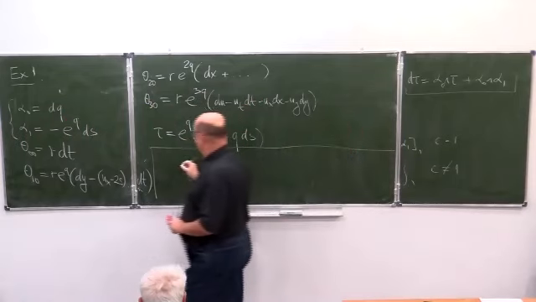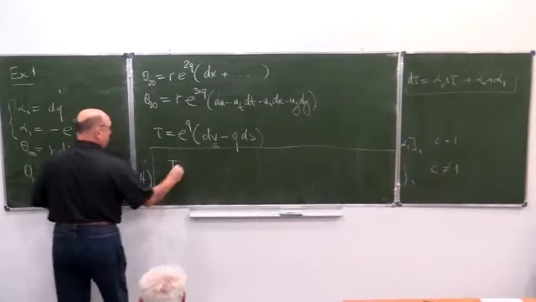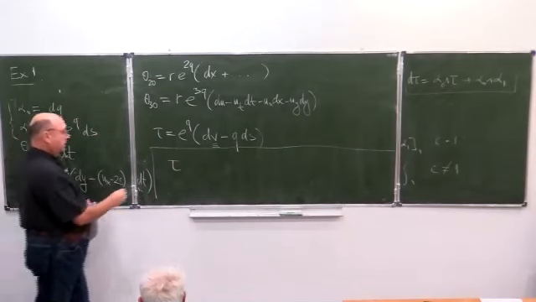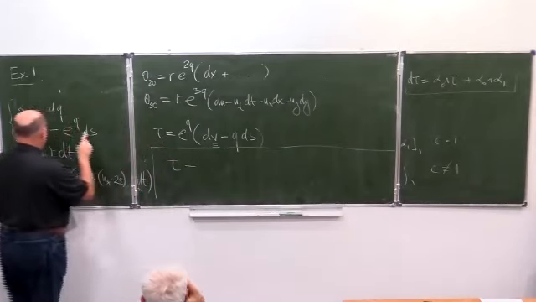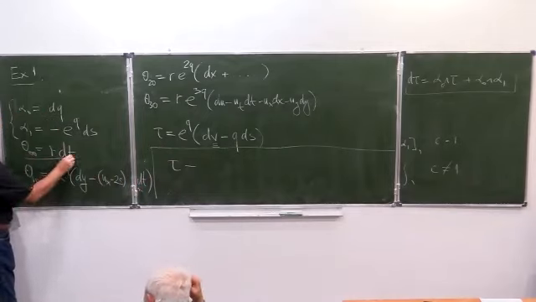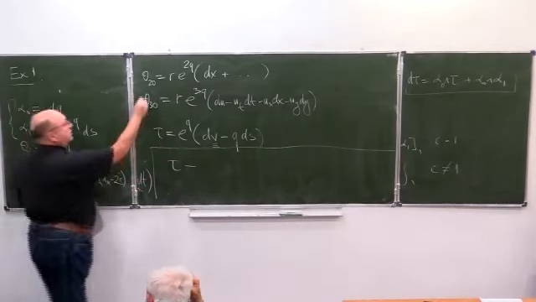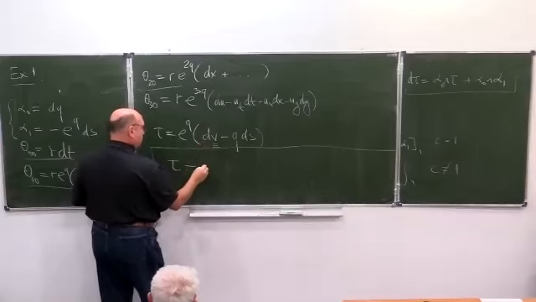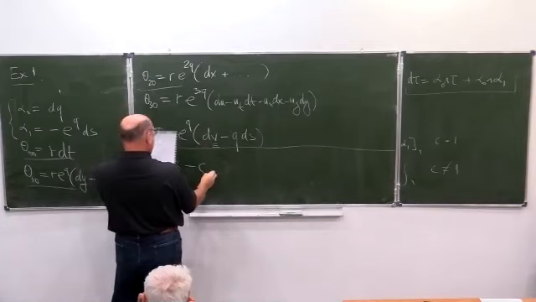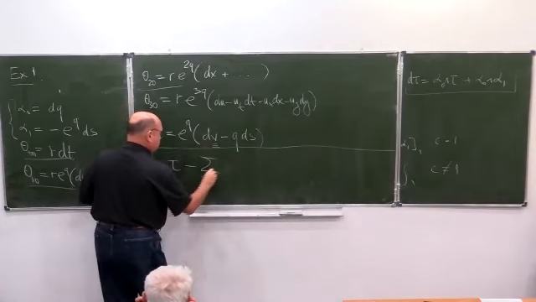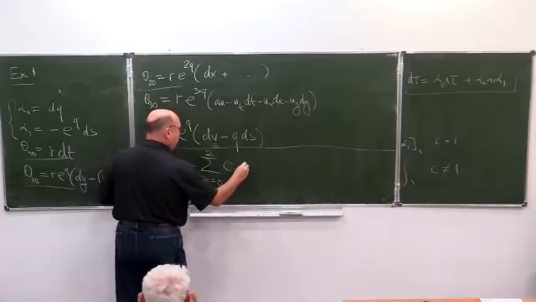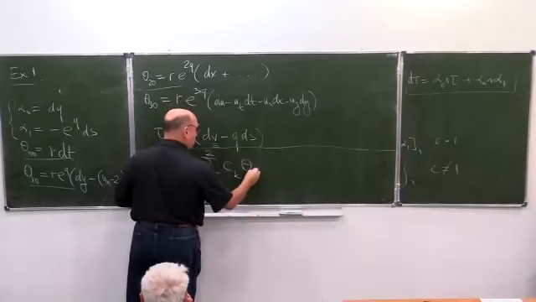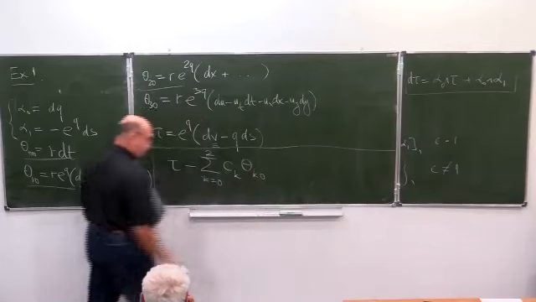And now we try to search for a linear combination of this form only with basic horizontal forms. So tau minus the sum for k from 0 to 2 of c_k theta k0.